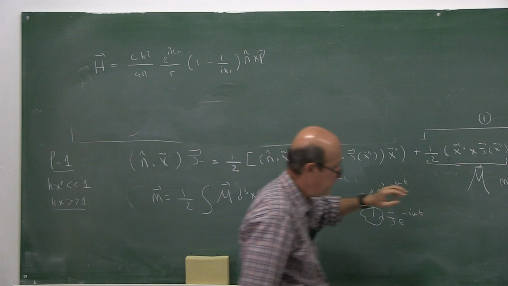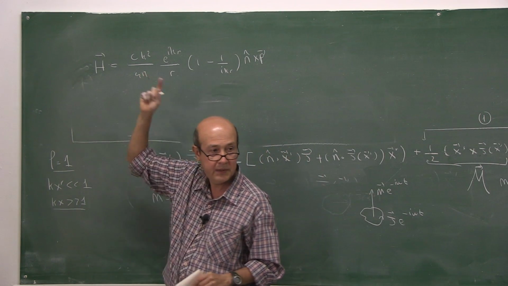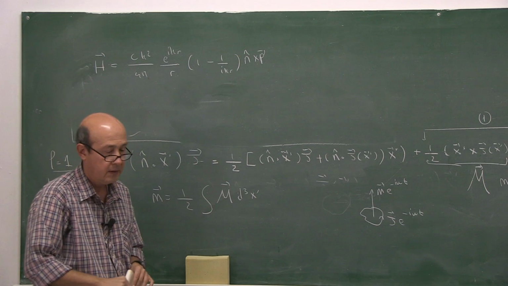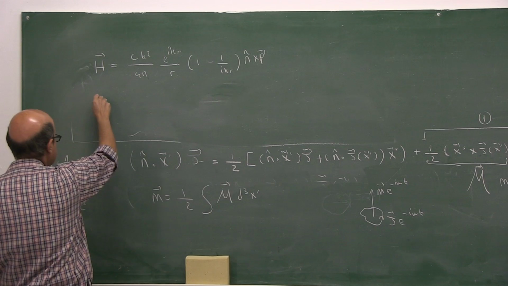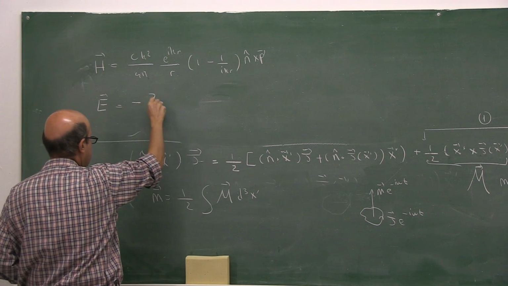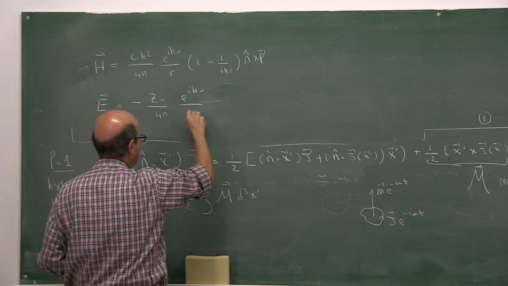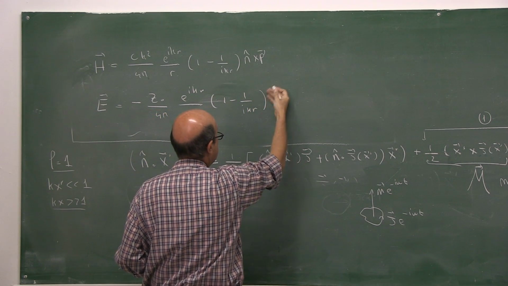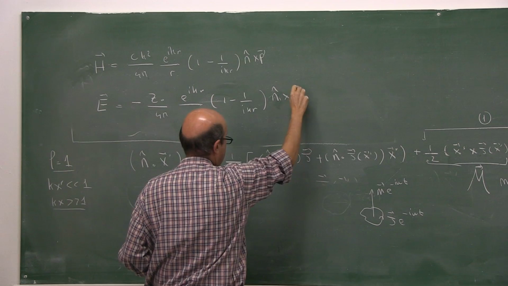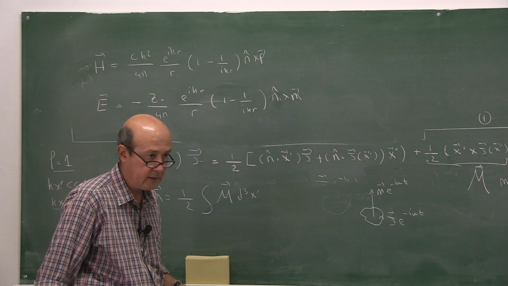So if you make a comparison between the electric field of the magnetic dipole radiation and the magnetic field of the electric dipole radiation, what is the similarity? I would write this again. E is equal to minus S0 over 4 pi, e to the ikr over r, times 1 minus 1 over ikr, times n cross m. So the functional form is exactly the same.